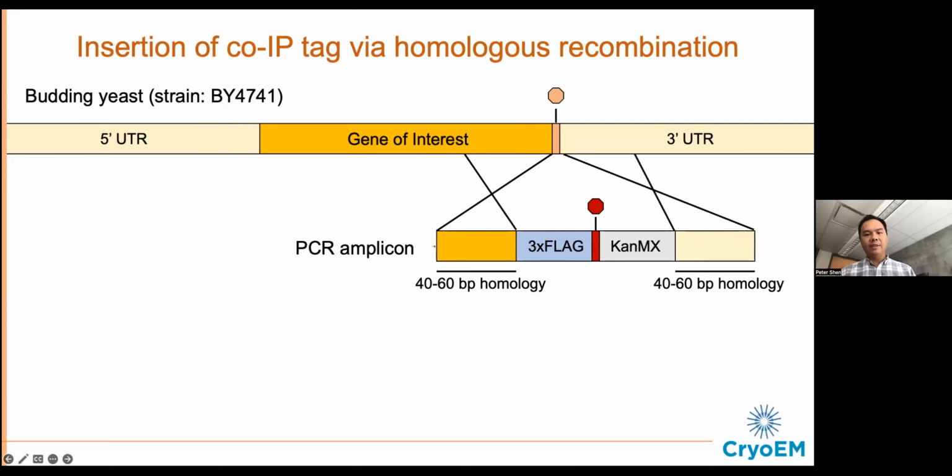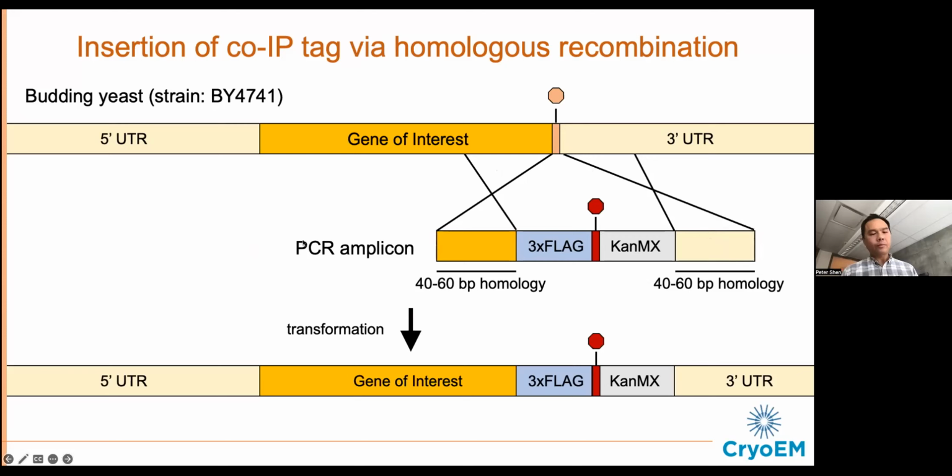The 5' sequence is identical to the gene of interest all the way up until the stop codon, but not including the stop codon. And then the 3' sequence is identical to the 3' UTR just after the stop codon. So with standard transformation protocols, the modified gene now expresses an in-frame tag with its new stop codon, and then an appropriate selection marker to make sure that the yeast truly have been transformed.